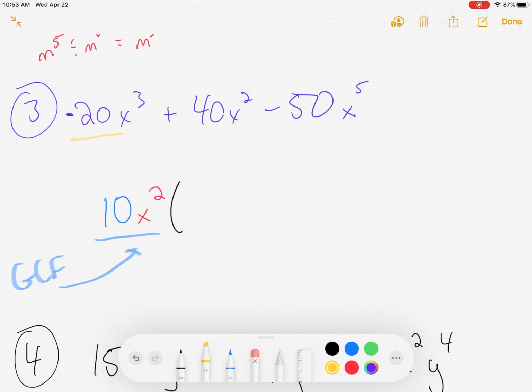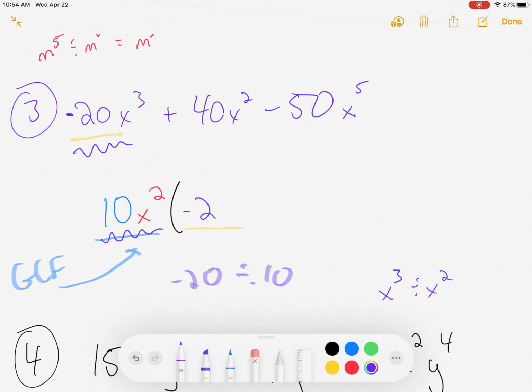So again, this right there, that's my GCF. I'm going to divide my yellow term by my GCF and put it here. So what is negative 20 divided by 10? Well, we get negative 2.